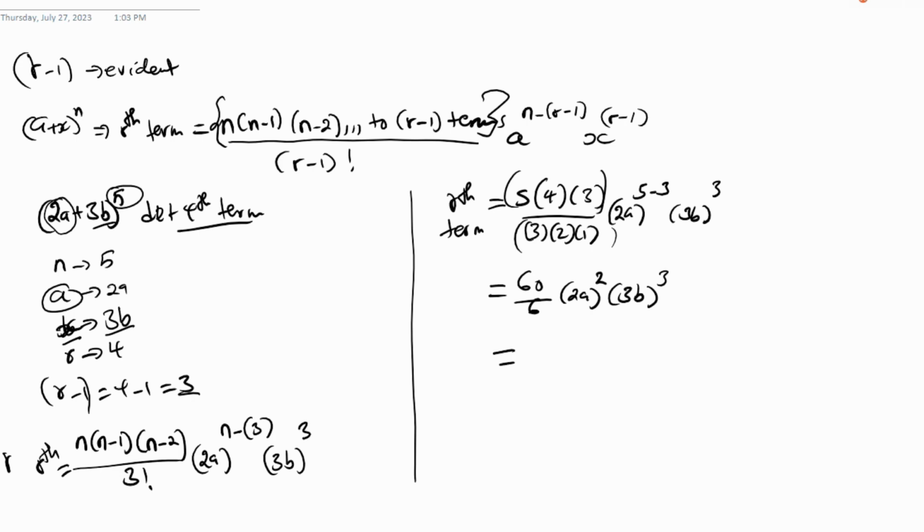If you simplify that, we shall have 10 times 2 raised to 2 times 3 raised to 3, times a power 2 b power 3, which simplifies to 1080 a squared b power 3.